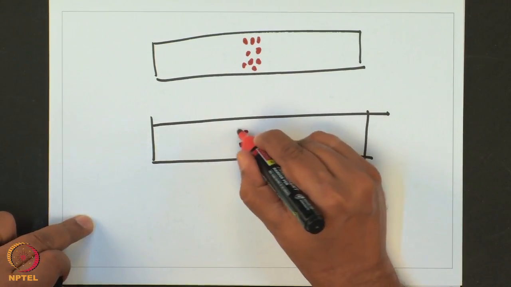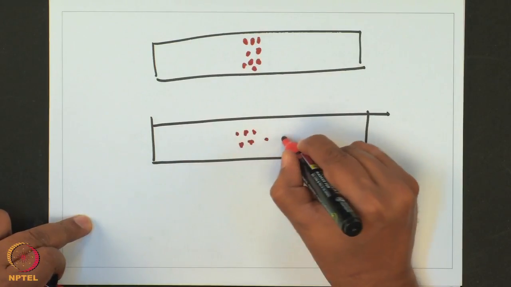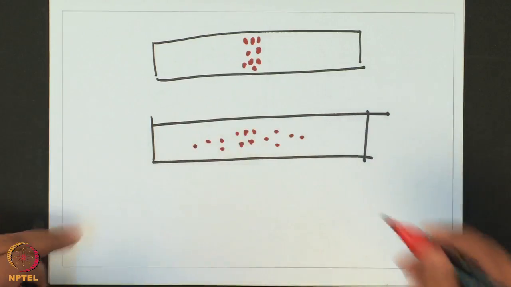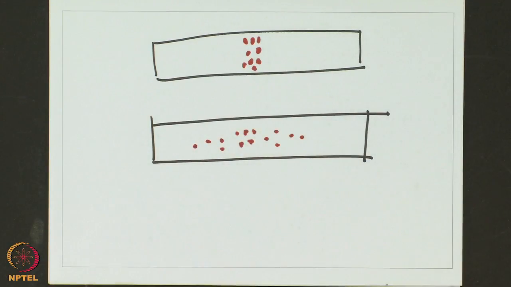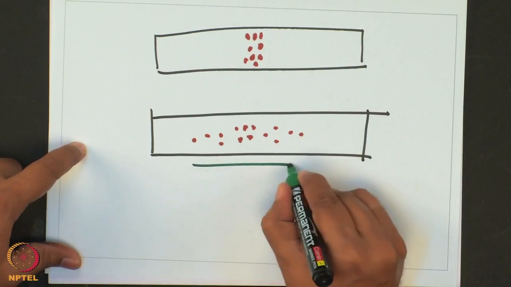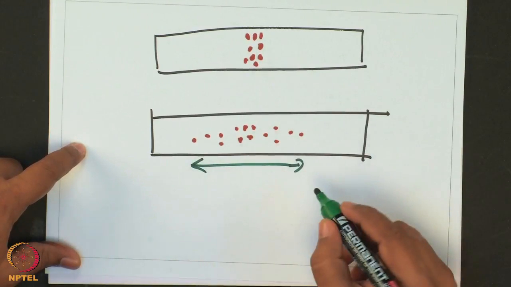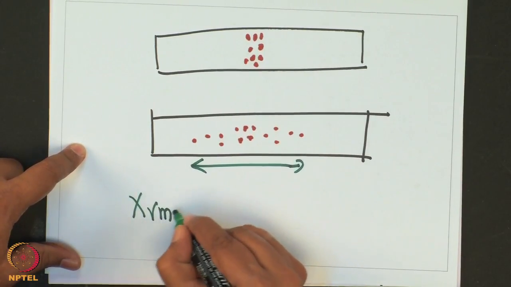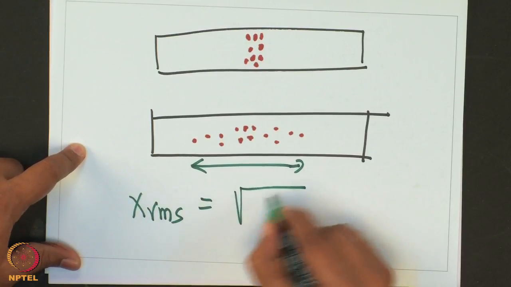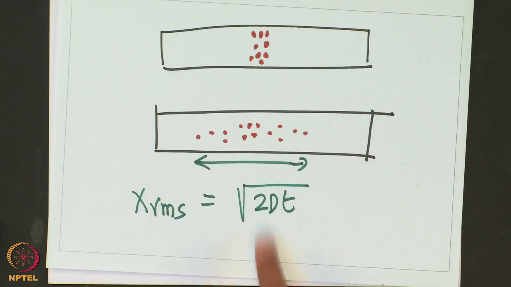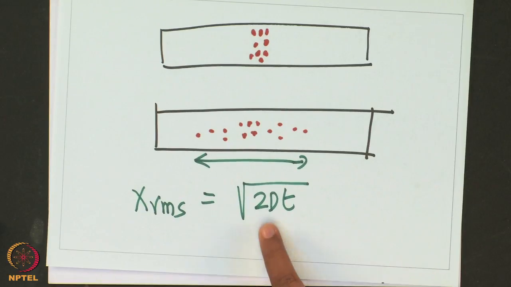So you have a few here, and this has spread to a larger distance. How far has this spread? This distance over which it has approximately spread is the physical measure of x RMS, which is root of 2Dt. This is the root mean square distance in one dimension. This is 2Dt. In 2 dimensions it is 4Dt, and in 3 dimensions it is 6Dt.